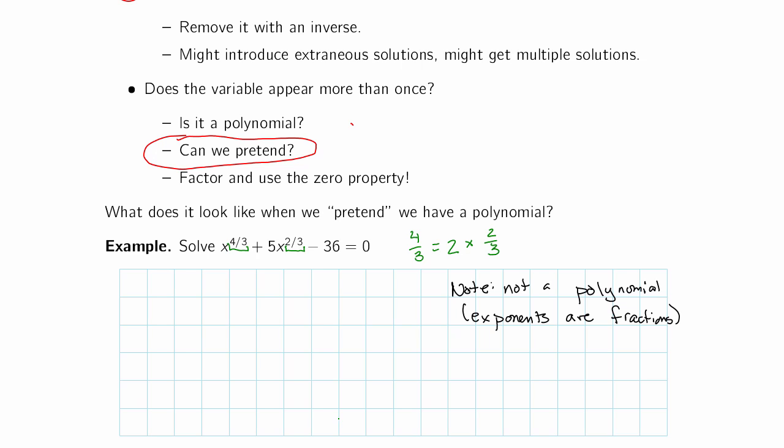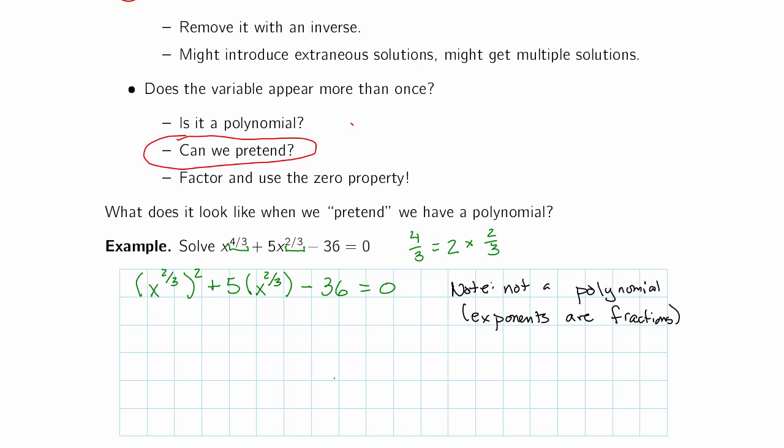So we can think of this as x to the 2/3, squared, plus 5 x to the 2/3, minus 36 equals 0.